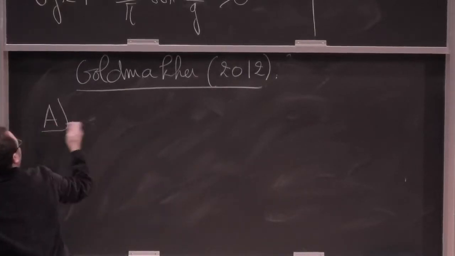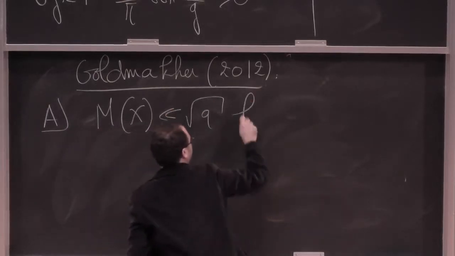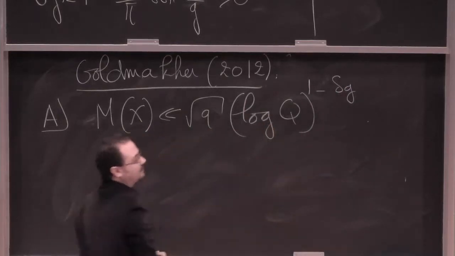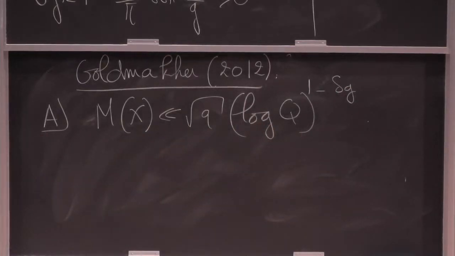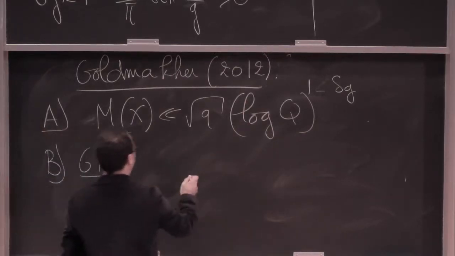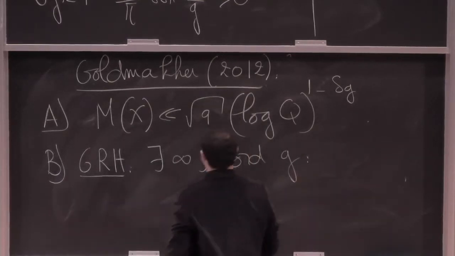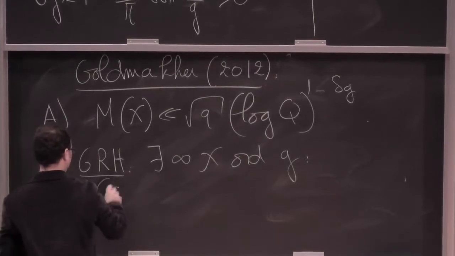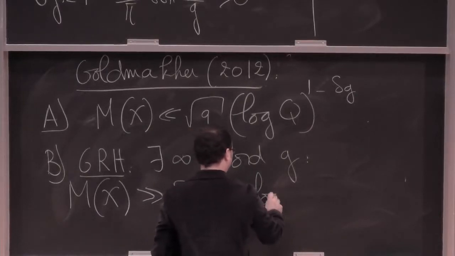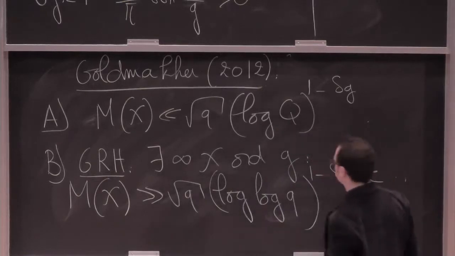So you can improve this to delta g, so log Q to the 1 minus delta g, and the conditional part here is best possible on GRH. So GRH implies, again, there are infinitely many chi of order g for which this is best possible. Only the unconditional part, and so we have log Q in this case, 1 minus delta g, let's say minus epsilon.